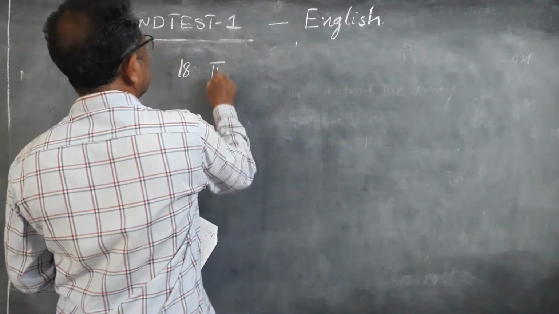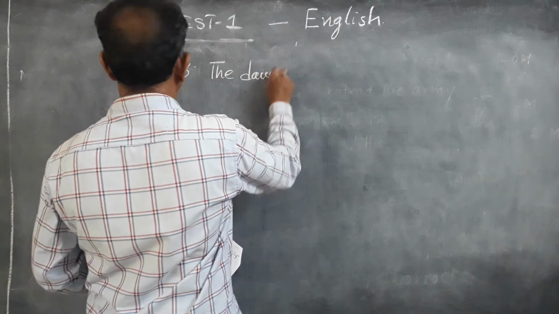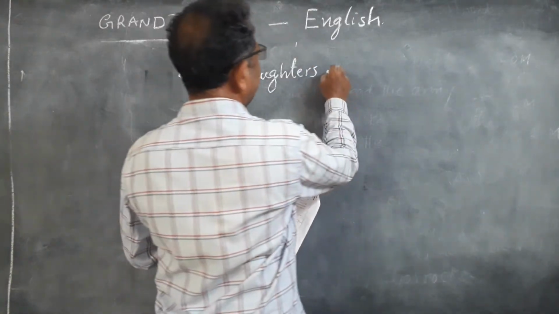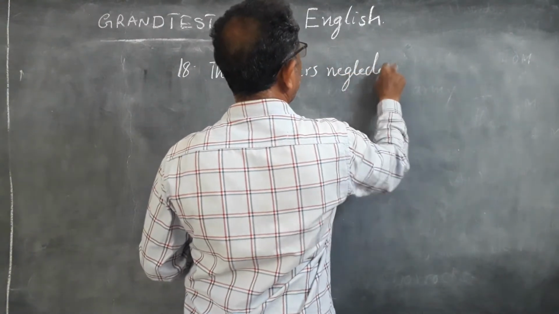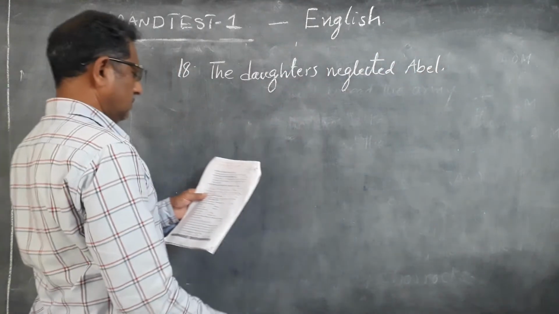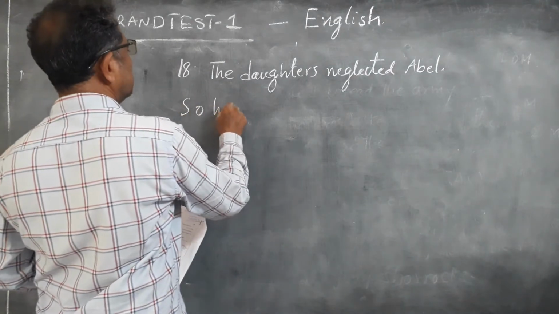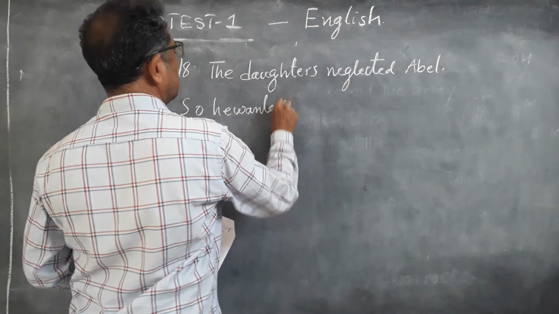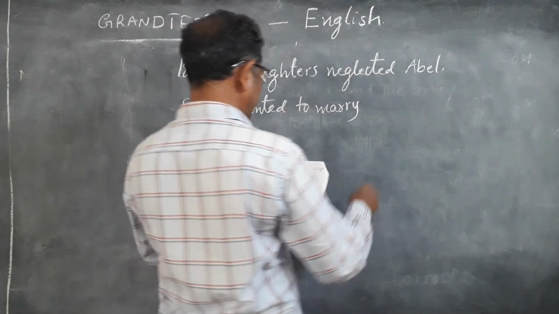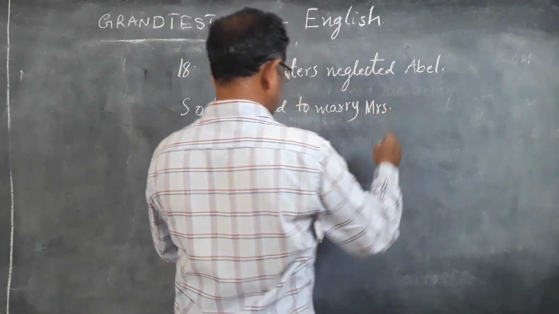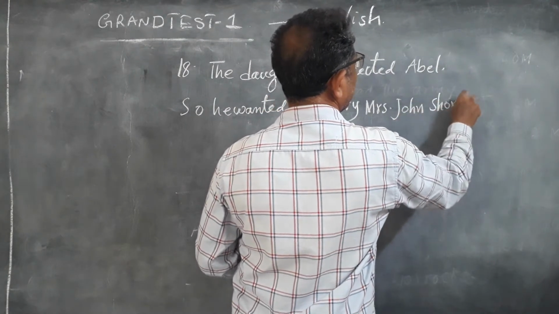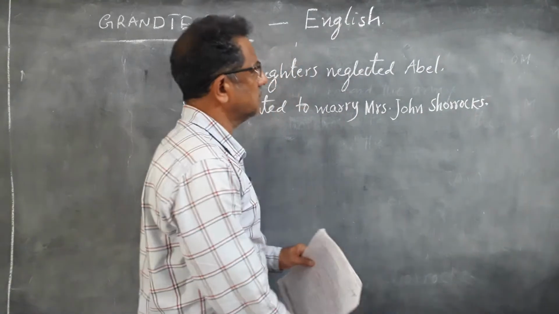Okay, question number 18. The daughters neglected Abel. So he wanted to marry Mrs. John Sharrox.